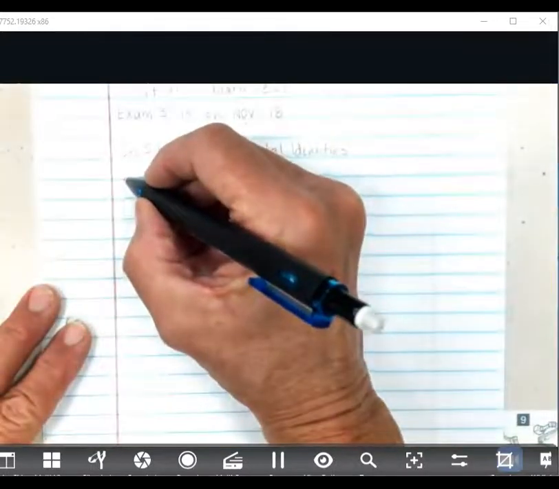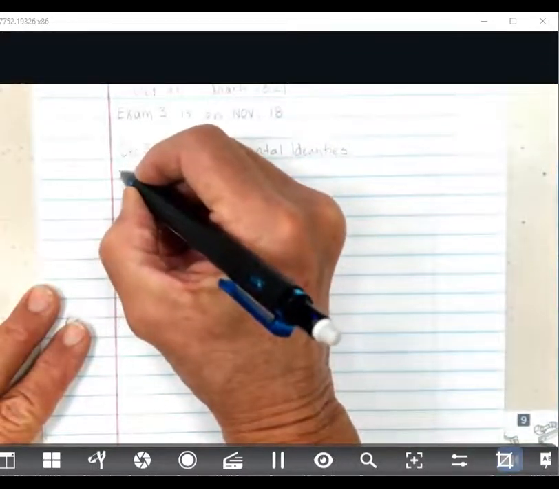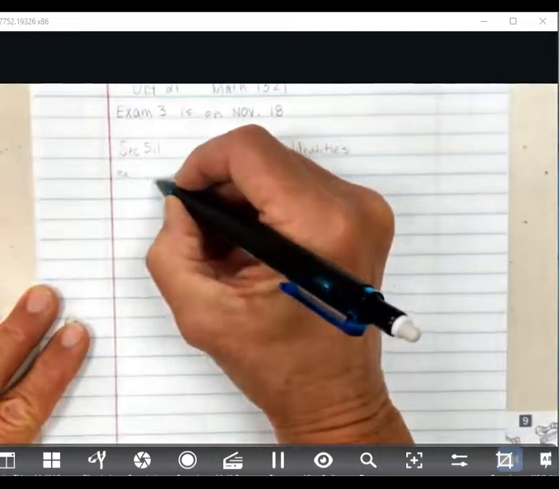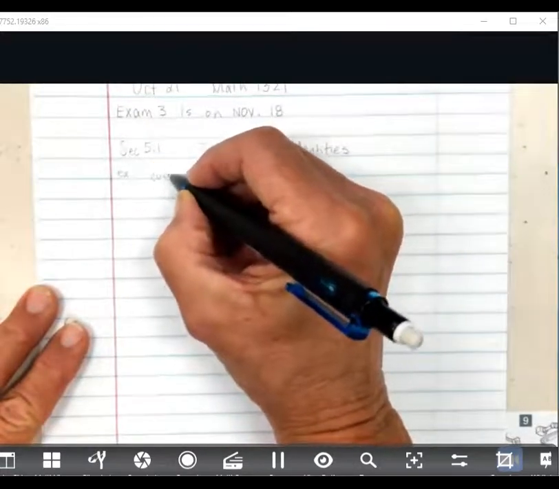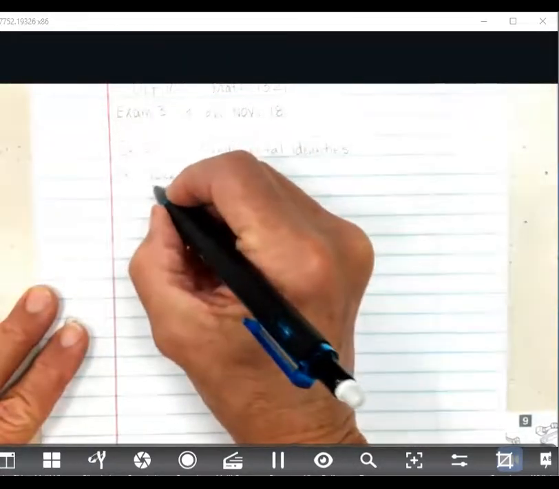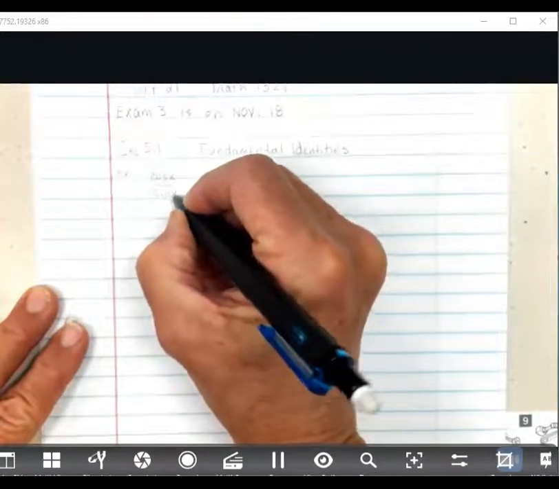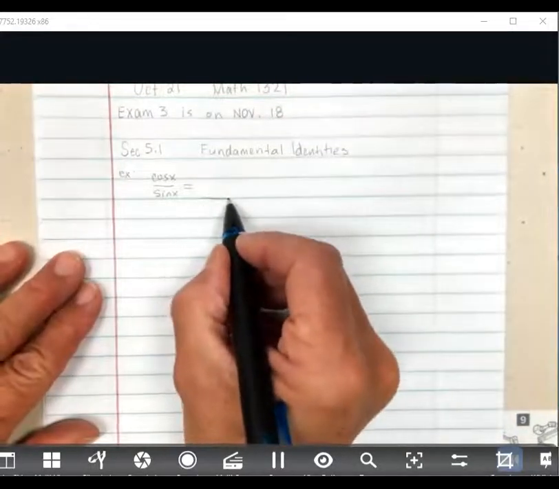See if you can fill in the blank. Suppose you see the cosine of x divided by the sine of x. Does that make you think of another trig function? Say it loud.